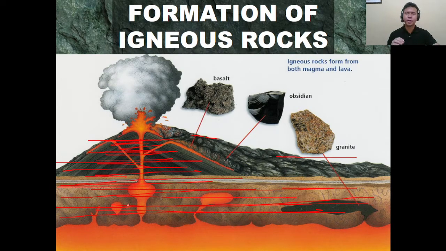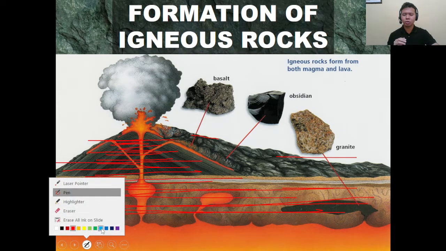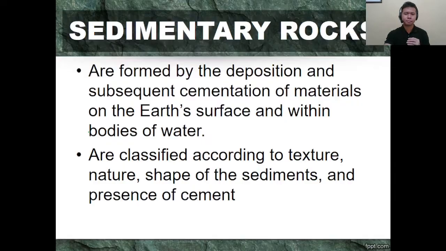But for extrusive igneous rock, they usually cool on the surface, usually on the outer portion, here and here on the surface. The extrusive igneous rock usually cools on the surface of the Earth's crust. Okay, so those are the formations of extrusive igneous rock and intrusive igneous rock.